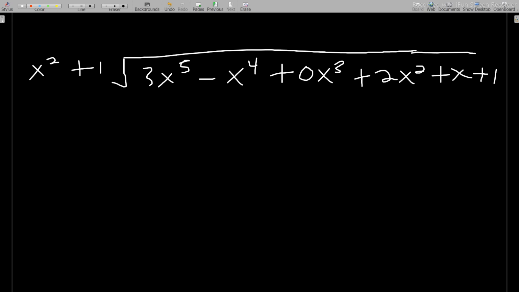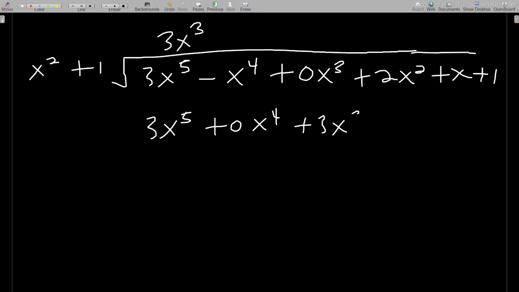Okay, so with this, s squared will go into 3s to the power 5. How many times? It goes into it 3s cubed. So multiply it through this equation, you have 3s to the power 5. Then you don't have any s to the power 4 here. Multiply, you have plus 3s cubed. Then I have to subtract everything.